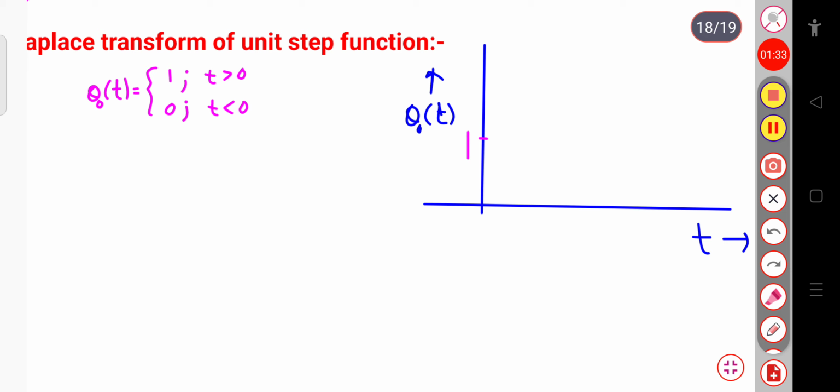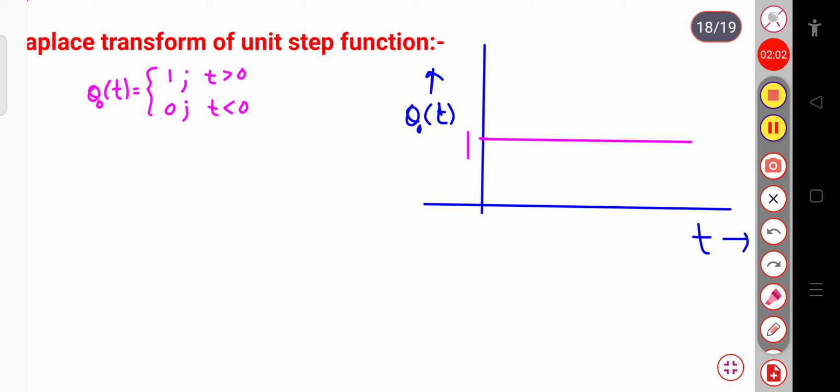When t is greater than 0, the function will be a straight line, because its value is always equal to 1. Except that, when the t value is less than 0, theta naught of t will be 0. This is called the step function. This type of function shows the step function.